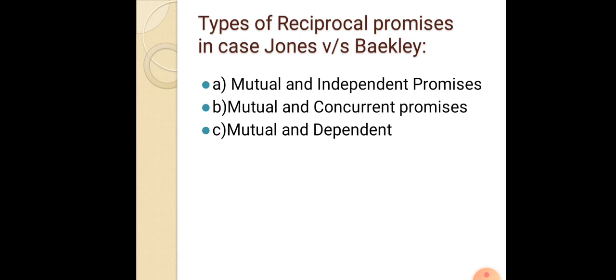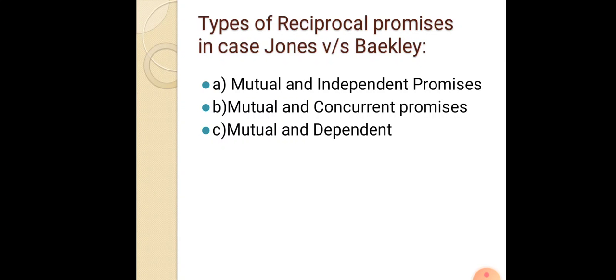Now we'll see mutual and dependent, the third type. When the performance of the promise by the promiser depends on the prior performance of the promise by the promisee, the promises are mutual and dependent.